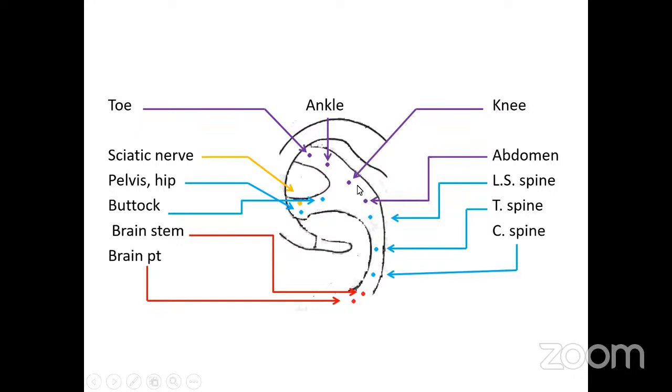Now abdomen, we said, is coming here in this wide area, and the rest of the spine is coming down. So first is the lumbosacral spine, followed by the thoracic spine and the cervical spine.